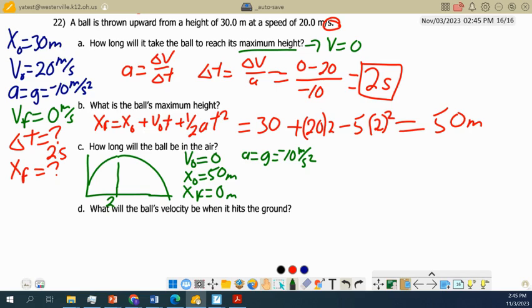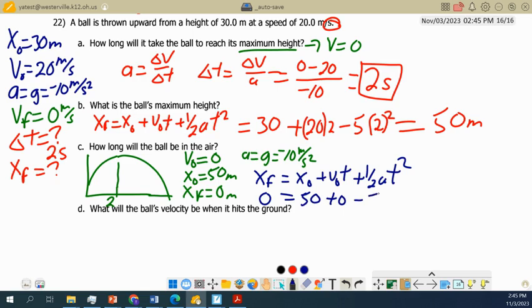Again, we could use that same base equation we were using before: XF equals x0 plus v0t plus 1/2 at squared. But let's plug in our numbers this time. We know xf is 0. We know x0 is 50. Our velocity was 0 at the top, so the v0 term falls off. That's really nice. 1/2 a is going to be our -5.